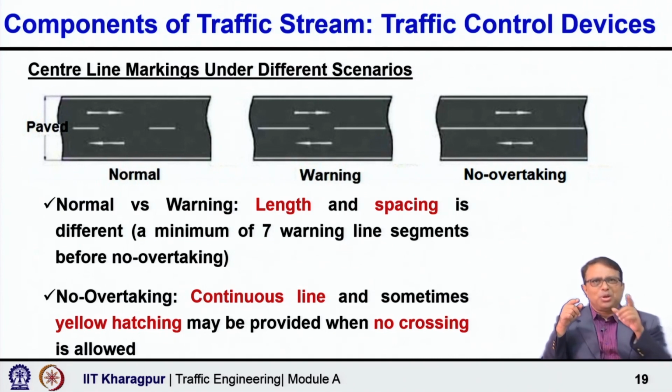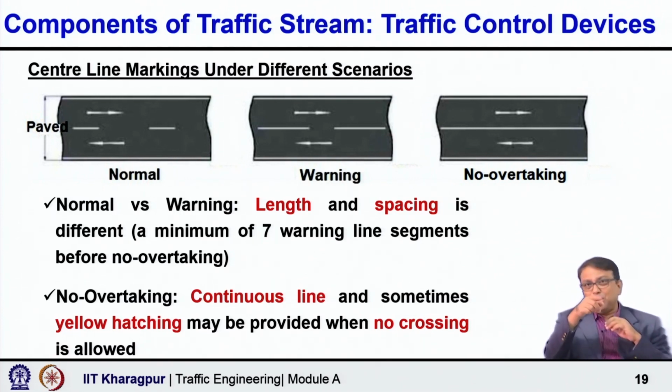And normally, as I said, 7 warning line segments are used before no overtaking. So, there is normal, then you have no overtaking, and in between a minimum of 7 warning line segments are to be given.